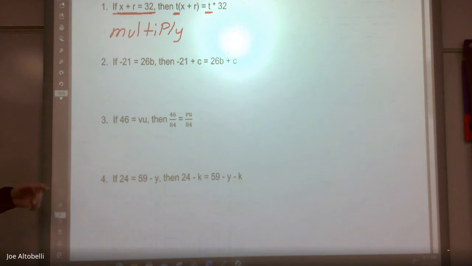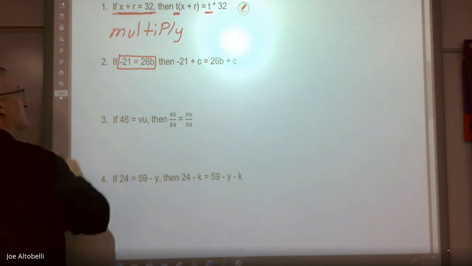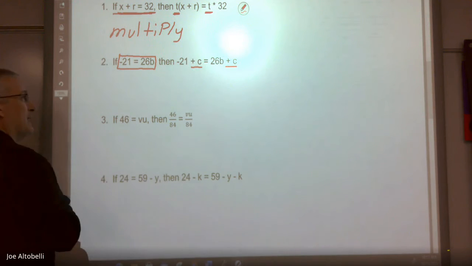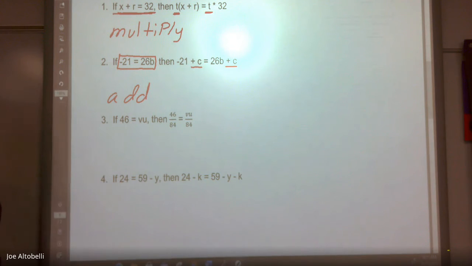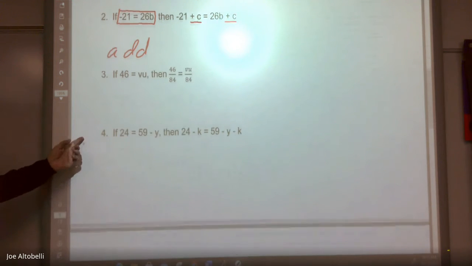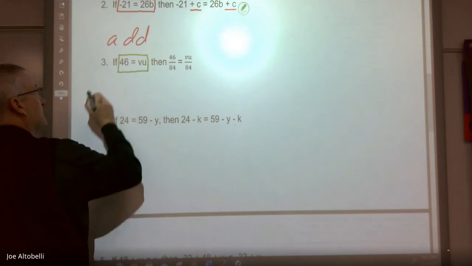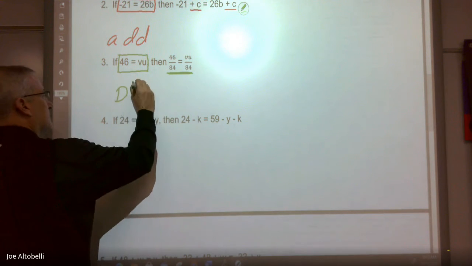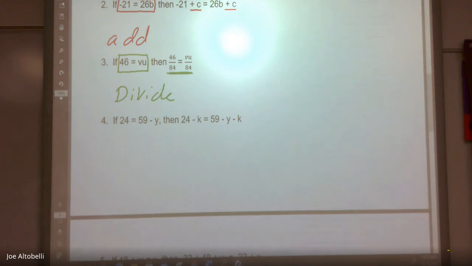Number two, again, this is the given equation. And this is what's happening to both sides. So that is the addition property. Number three, our given equation, and we are dividing by 84 on both sides, so it's the division property.